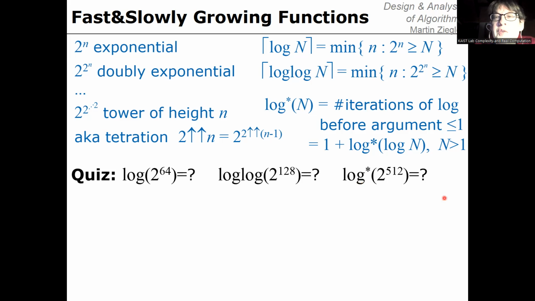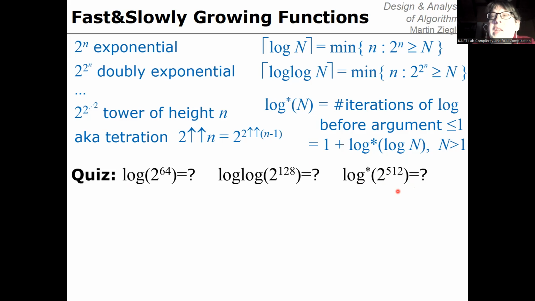So that was to train you to practice operating with slow growing functions, and also to give you an impression of how slowly growing these functions are. They grow so slowly that even when applied to the number of particles in the universe, they still are only like 5.